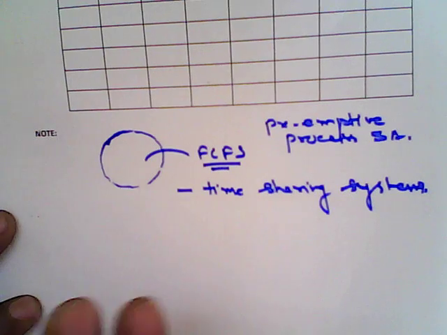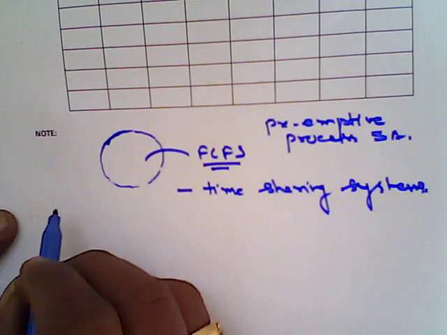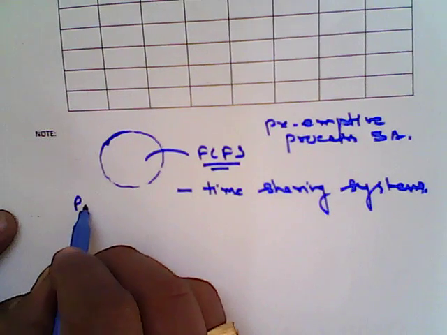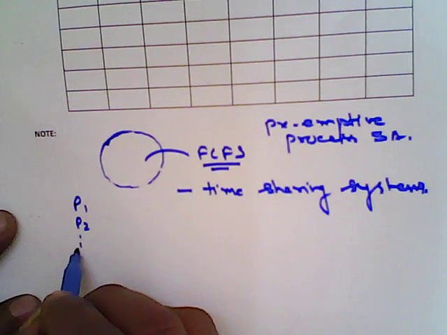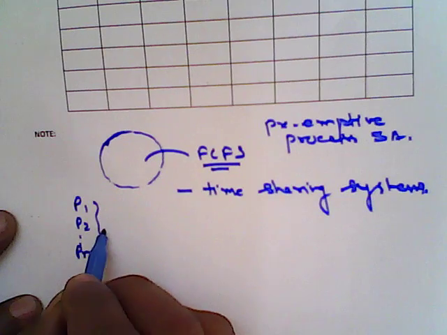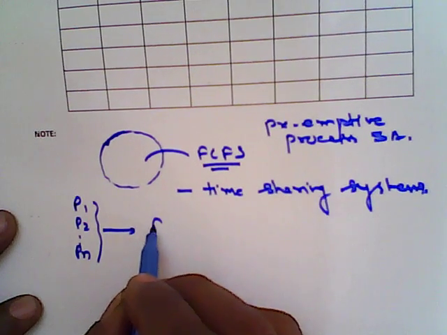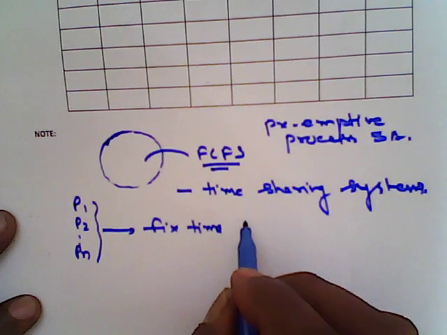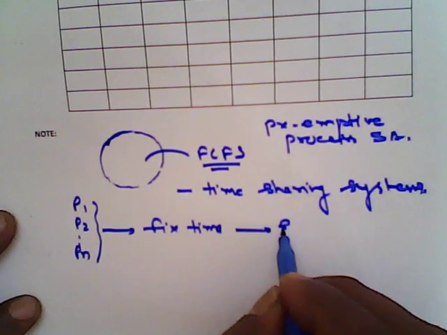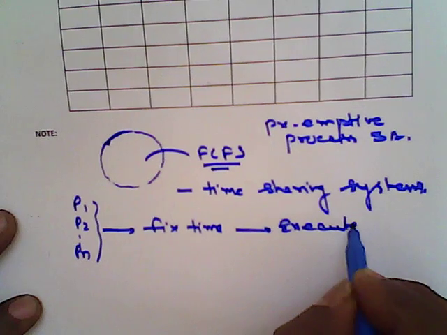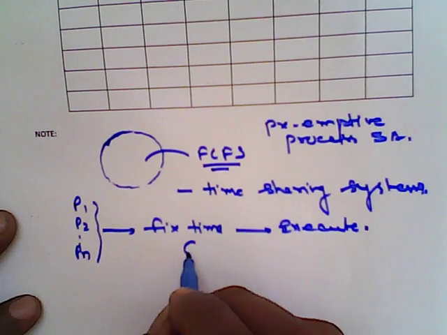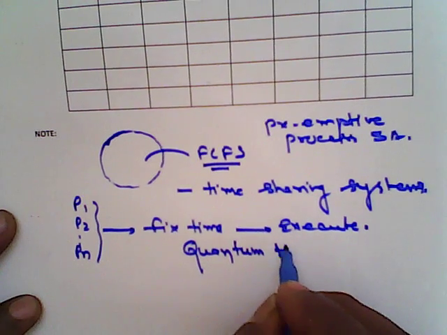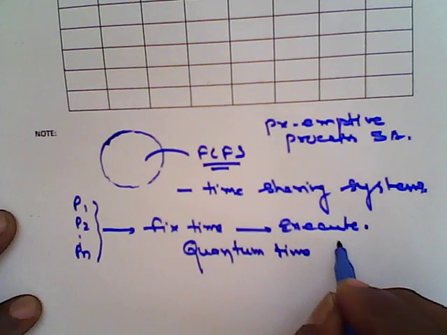Apart from this, another important component is that we have processes P1, P2, like this up to Pn. Each process is provided with a fixed time to execute, and such time is called quantum time, or QT in short.